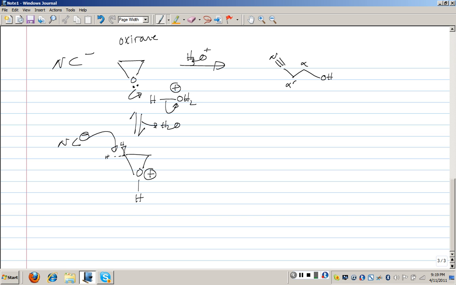And the question is, to which atom will the 2 electrons go? And the answer is obviously towards the O, because the O is O positive, therefore it's very electronegative. It's been sucking electrons anyway, so we're just going to give the O what it wants. So the incoming electron pressure from this CN minus will force these 2 electrons onto the O plus. So this is my source of electron density. This is my sink. And what we'll end up with will be my product, right? I'll have CN attached to a carbon, attached to a carbon, attached to OH, and that's my product.